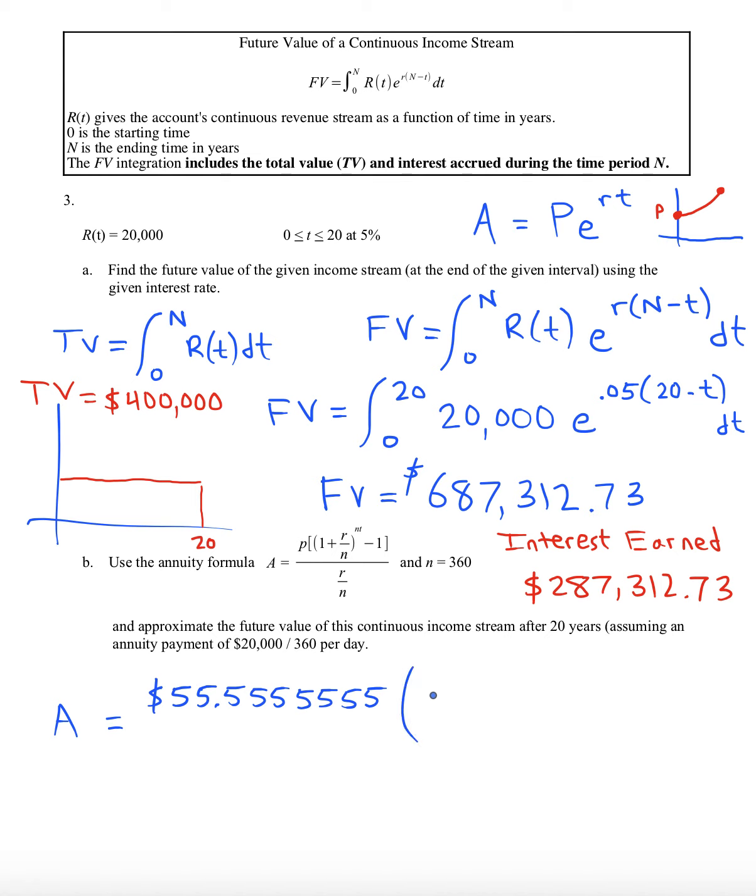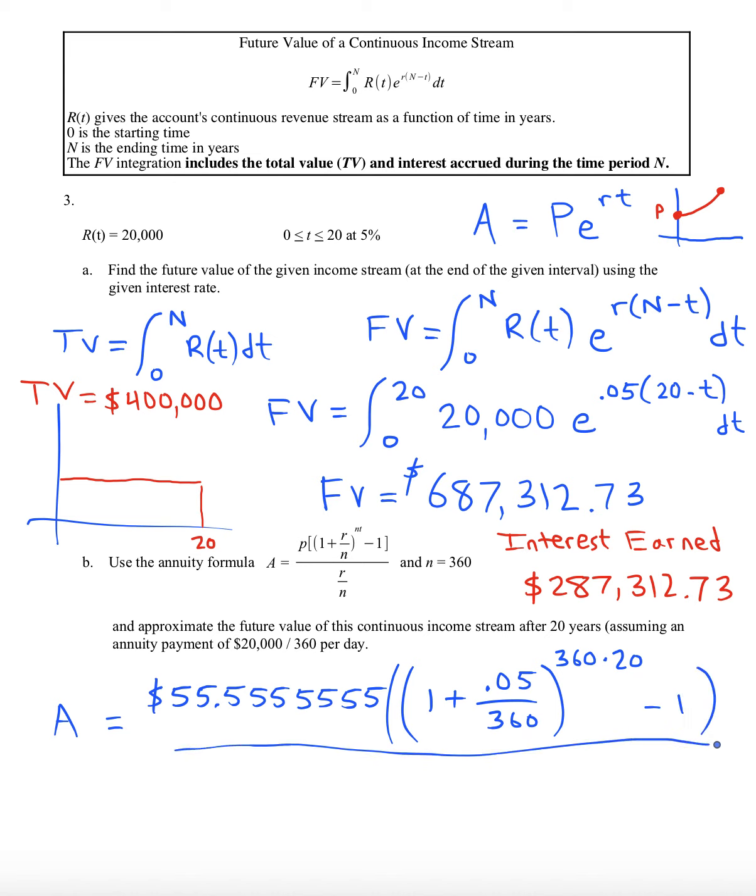Okay, then we're going to multiply by 1 plus 0.05 over 360. Raise that to this 360 times 20. Subtract 1. And then divide by 0.05 over 360. All right, let's see what we get.